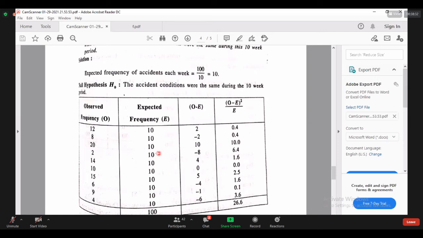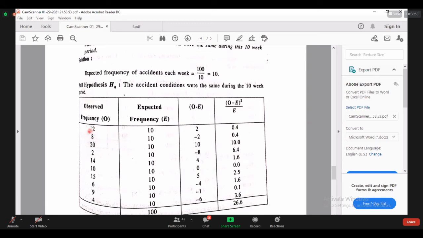Next is 2 minus 10, minus 8. Like this we calculate Oi minus Ei. The next column is (Oi minus Ei) whole square by Ei. We divide by the corresponding expected frequency.